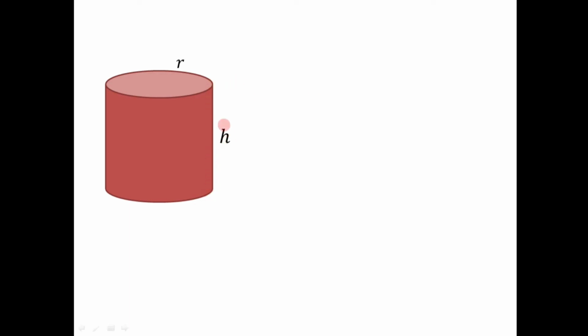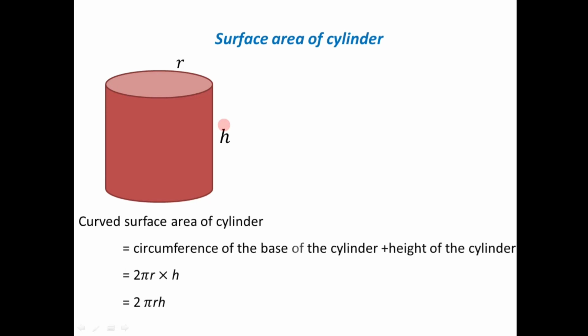So if we have the values for these two variables, we can have the formula for surface area of a cylinder, and it is derived as the curved surface area of a cylinder, that is equal to the circumference of the circular base times height of the cylinder. So if we do that, we get the curved surface area of the cylinder.